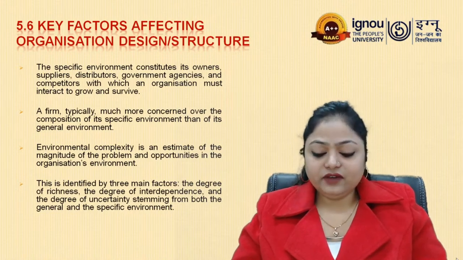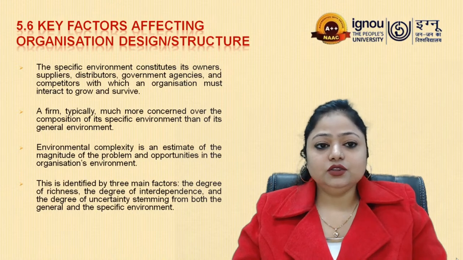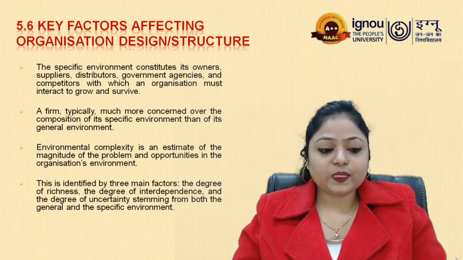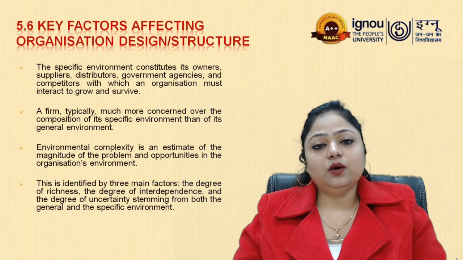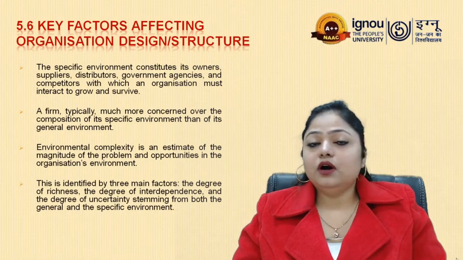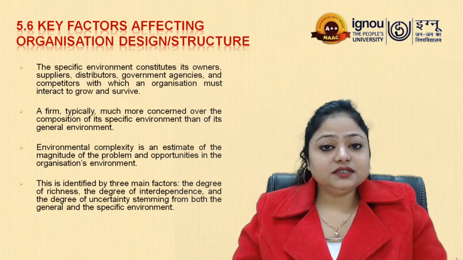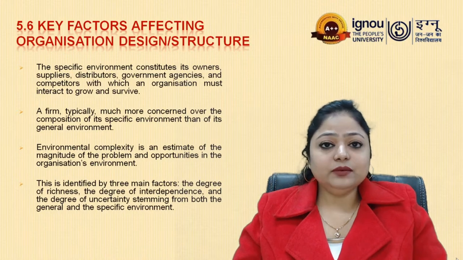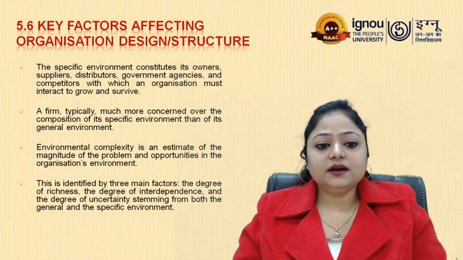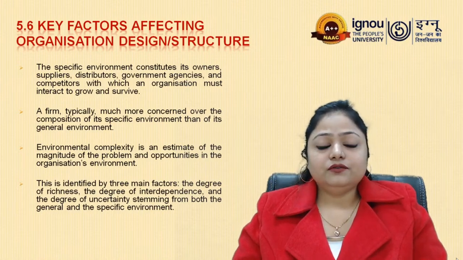So, the specific environment must be considered with more focus when designing the overall organization. The environment's complexity is an estimate of the magnitude of the problems or opportunities in the organizational environment. The more complex or volatile the environment is, the more the organizational design should be planned in such a way that it is able to overcome the complexity or the challenges which are bound to come from time to time.